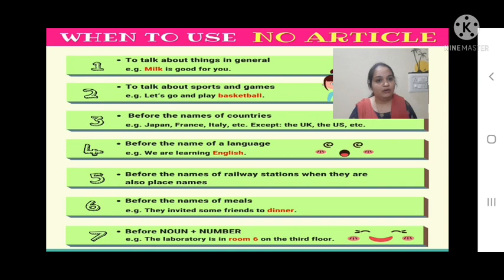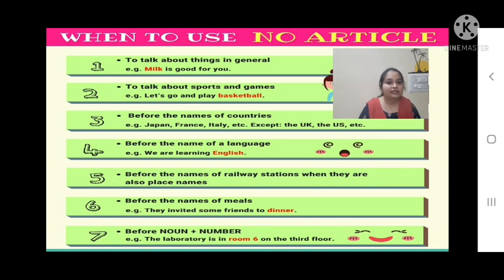Before the names of languages, for example, we are learning English, we are learning Sanskrit. So here we don't use articles for language names. Before the names of the railway stations, when they are also place names. If the railway station name itself is the name of the place, then we don't use article.